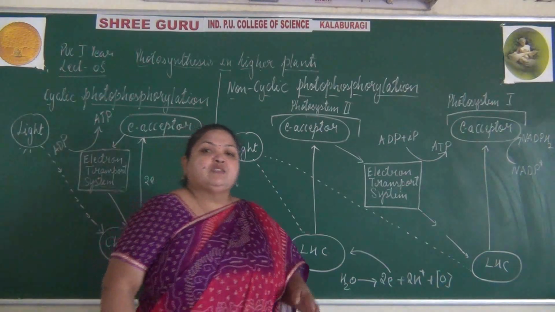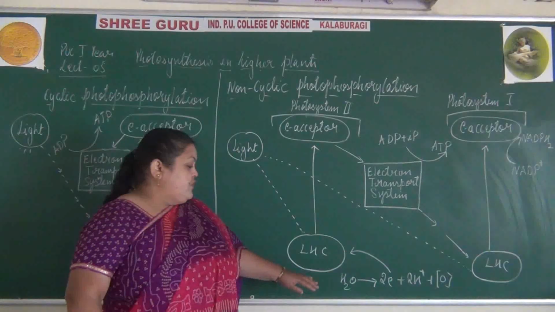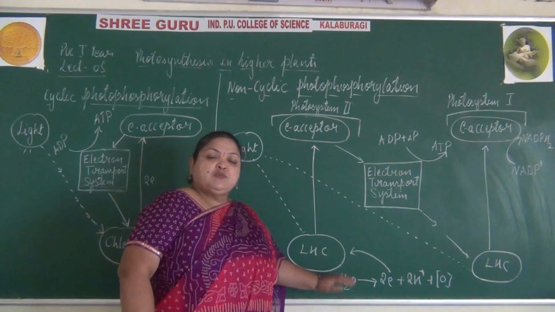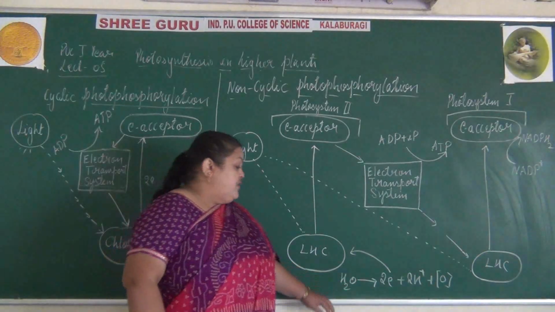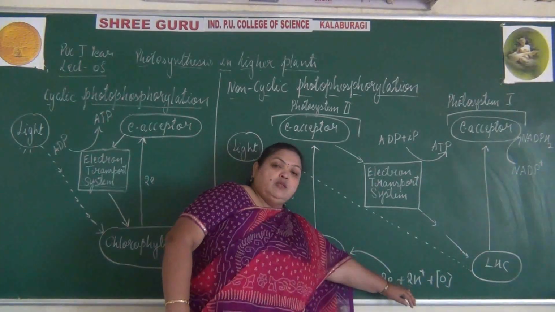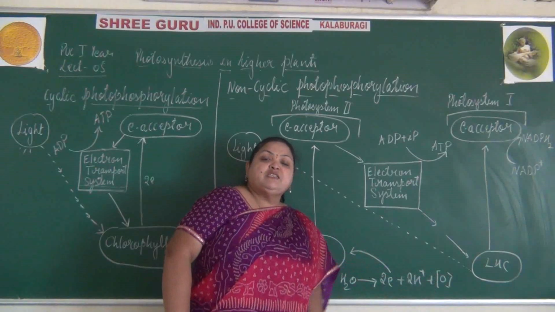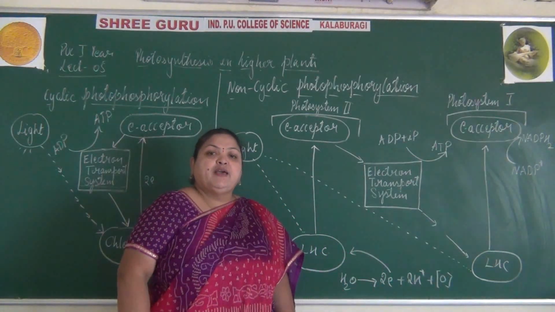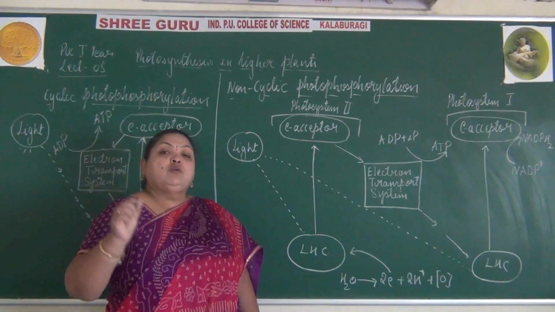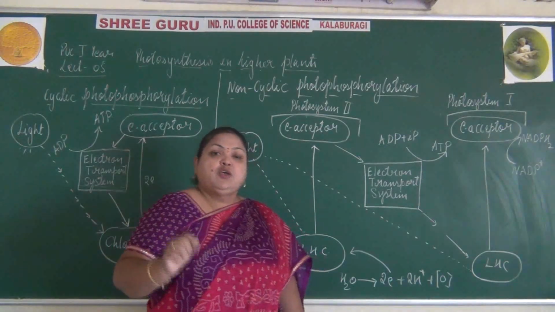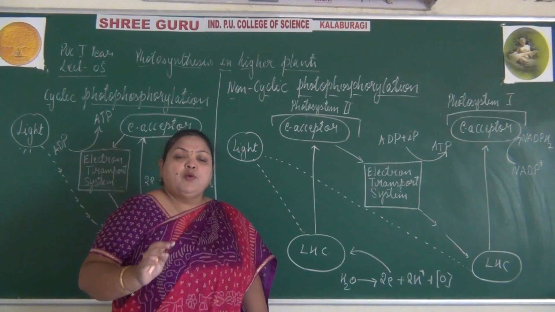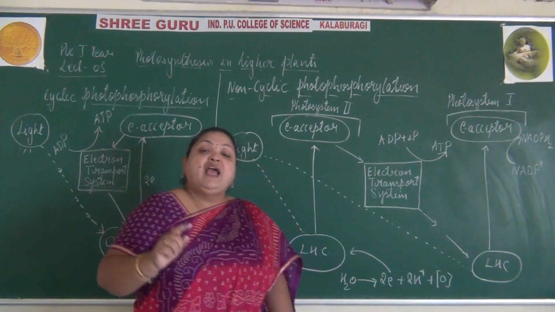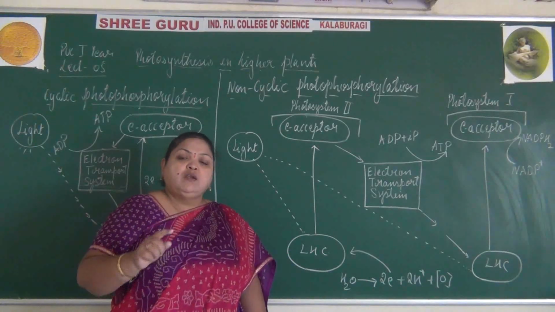Then in photolysis of water, the water molecule splits. It is splitting of water molecules into electrons and protons with the release of oxygen. Only one molecule is considered over here, while the molecule of water splits to form 4 protons, 4 electrons with the release of oxygen and even the water also.